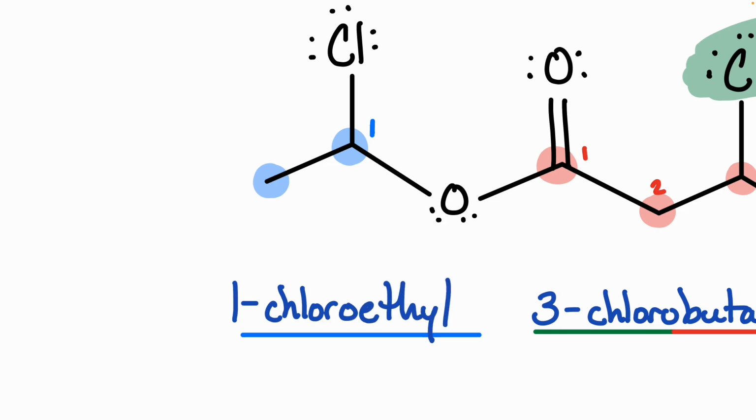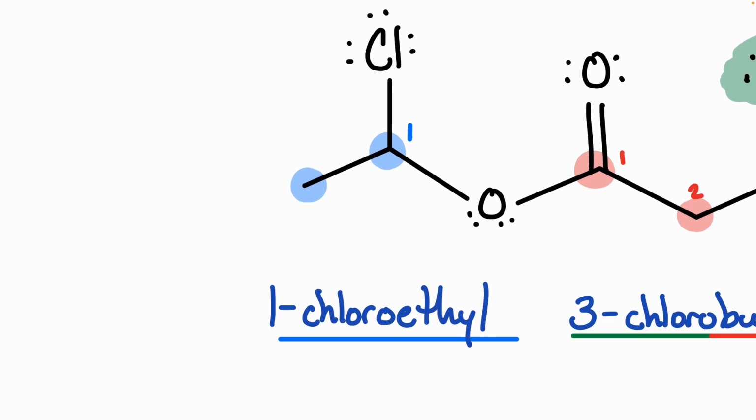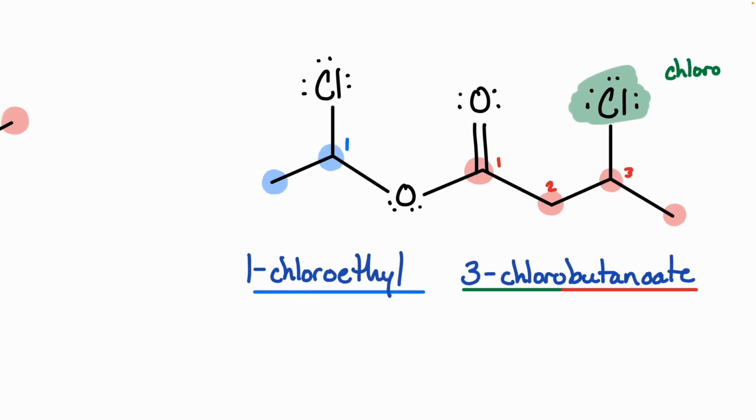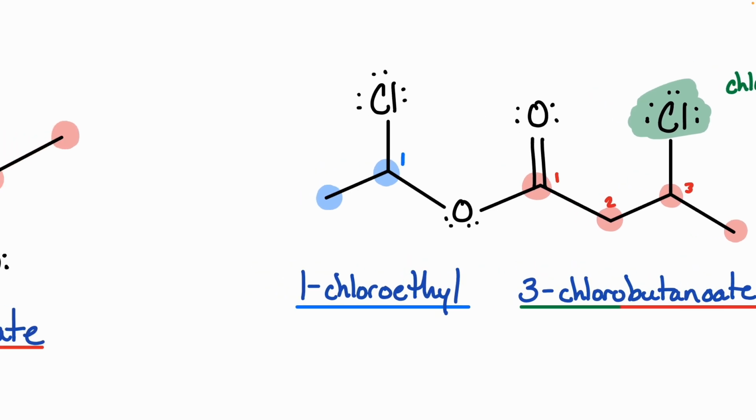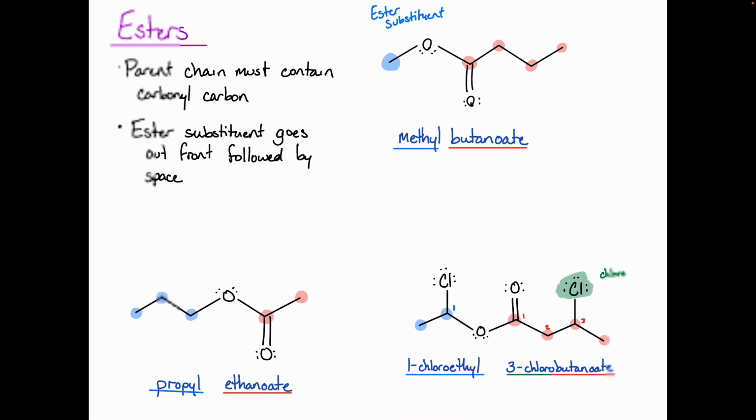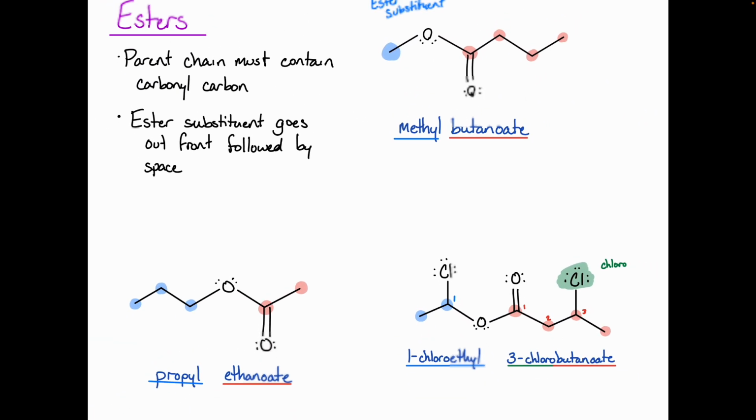All right, so notice how we keep these two halves of our names completely separate. There's no dichloro in there or anything like that because one's on one chunk, the other's on the other chunk, okay? And let's just make a note in our little list of notes that we have here for our ester substituent. We're going to number from that parent chain.